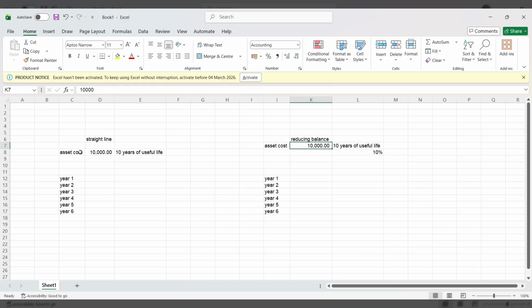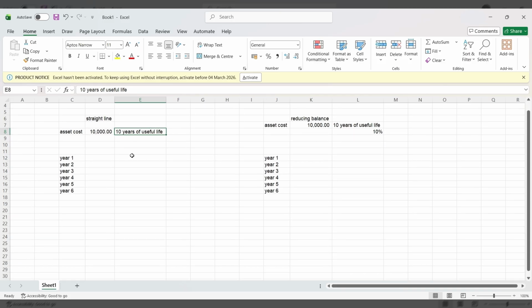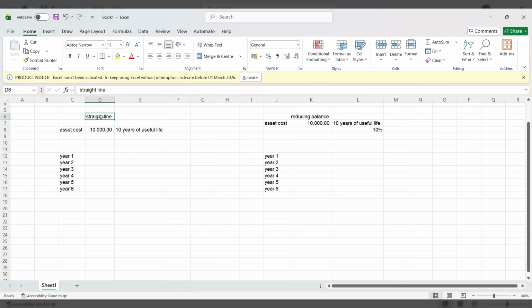We're assuming that this asset, whatever it may be, some kind of plant and machinery or a car, costs £10,000, or whatever currency you want to use, and has 10 years of useful life. So very, very easy with straight line.